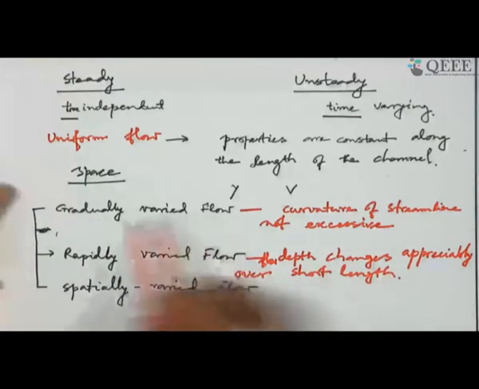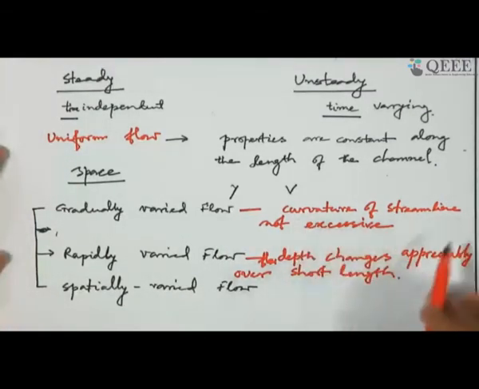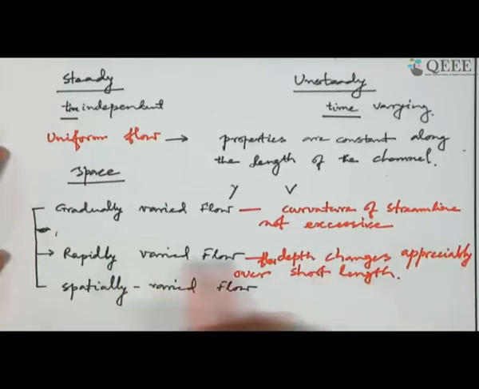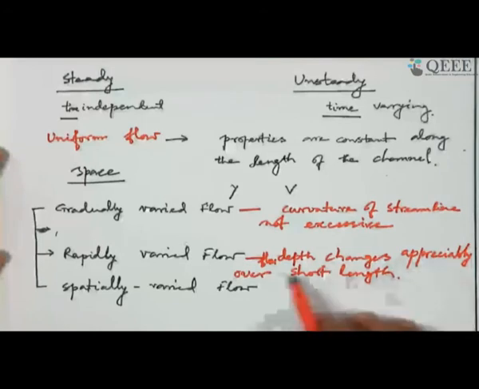Gradually varied flow, a common example is flow in our laboratory scale flume, and for rapidly varied flow the example is hydraulic jump.